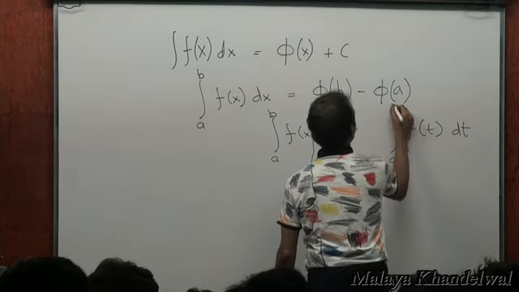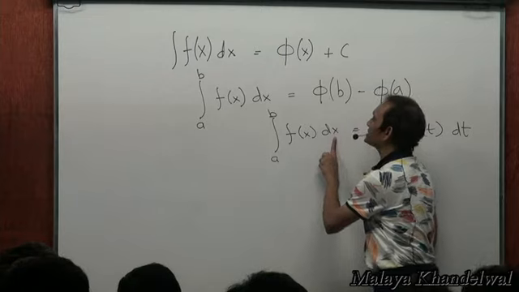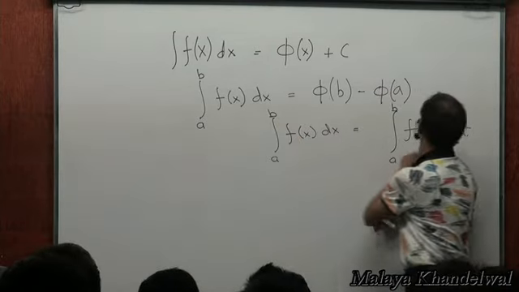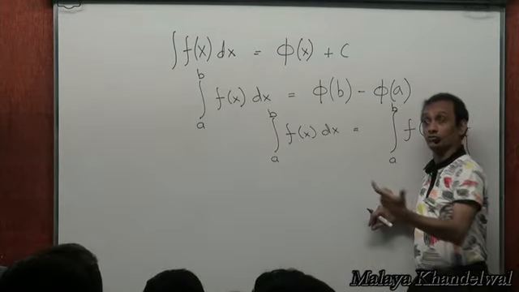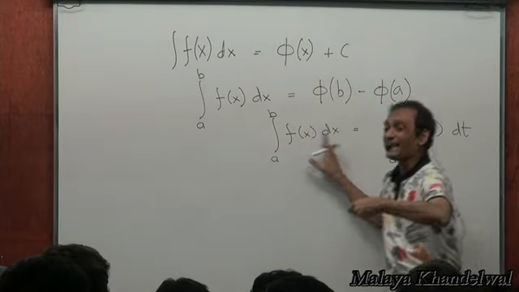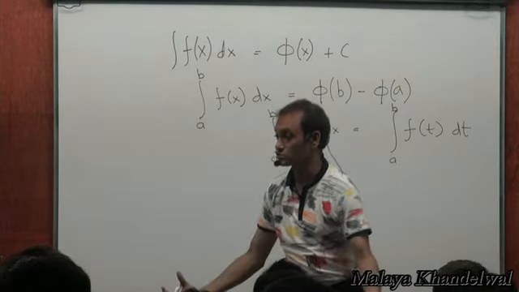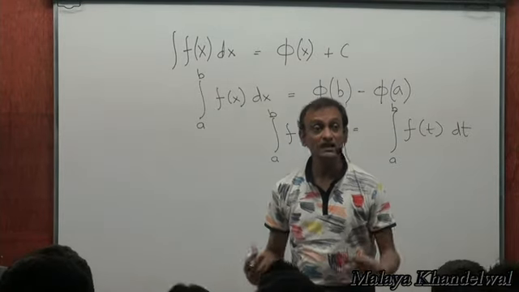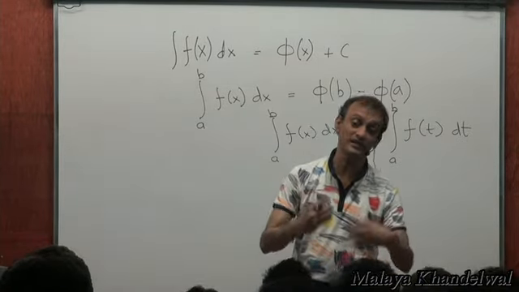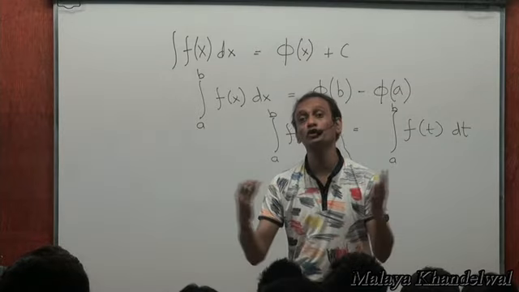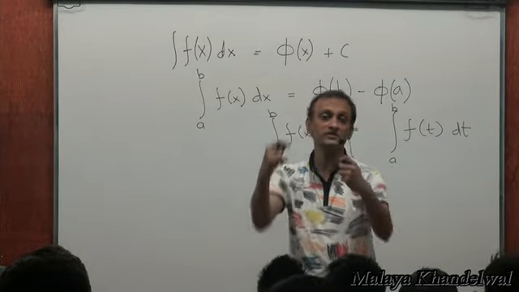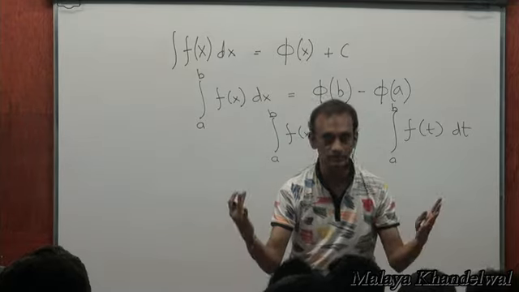It does not matter whether you are saying integral sin x dx from 0 to pi by 2 or integral sin t dt from 0 to pi by 2. This x has only a temporary existence. It dies the moment you supply the limit. So whether it's x or t, you're talking of the same structure over which these limits are applied. Clear?